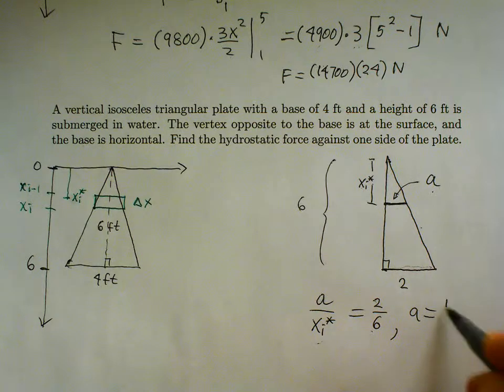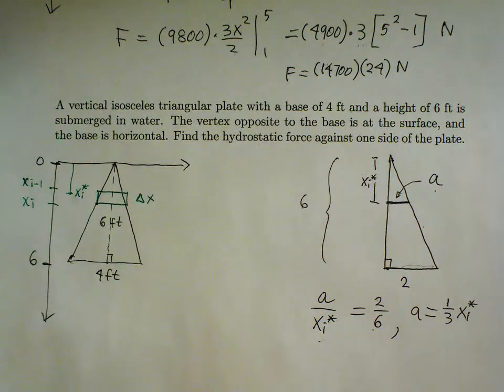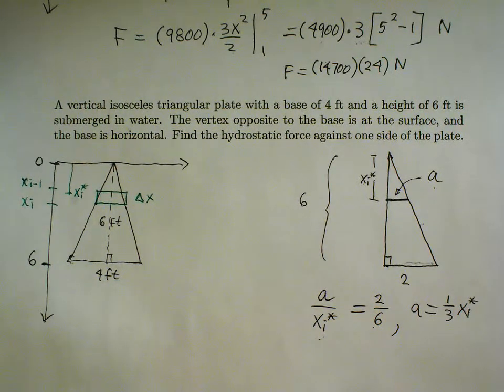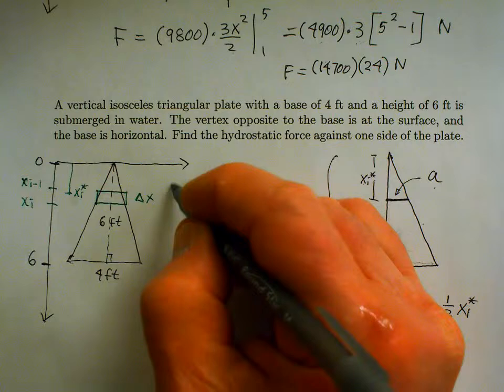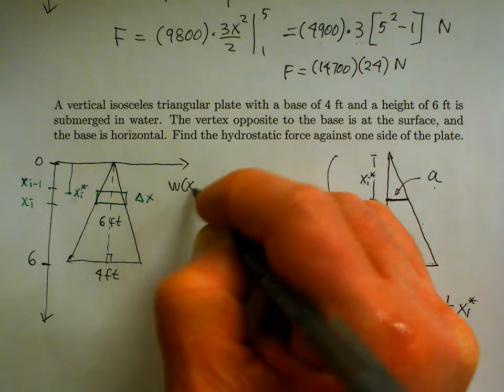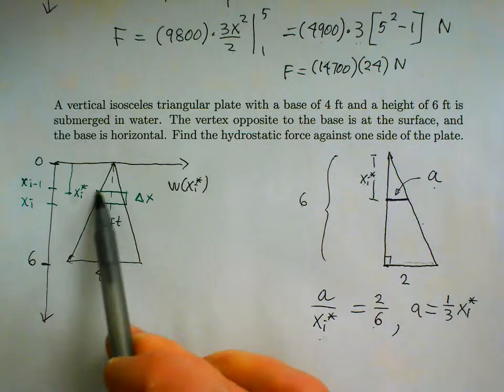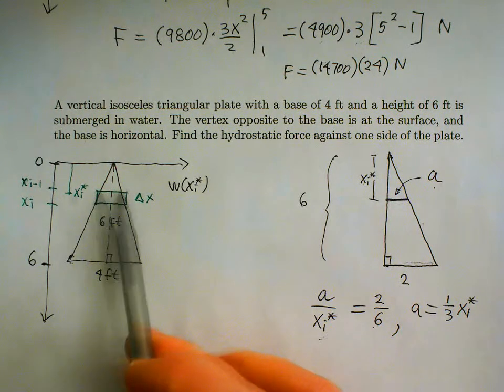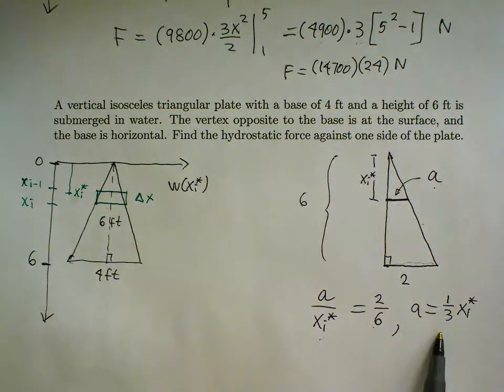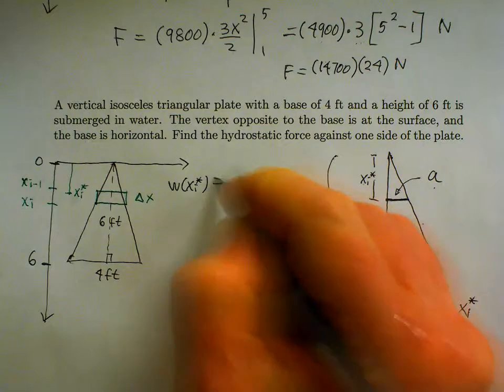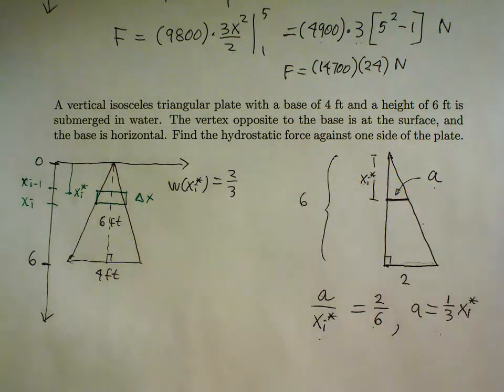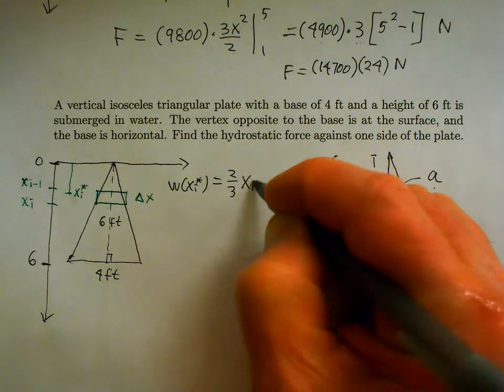So we get 1/3 times x sub i star. And then our W of x sub i star, which represents the horizontal side of this rectangle, is 2 times A, or 2/3 times x sub i star.